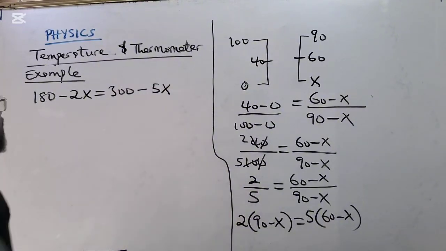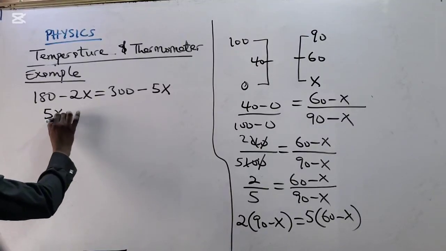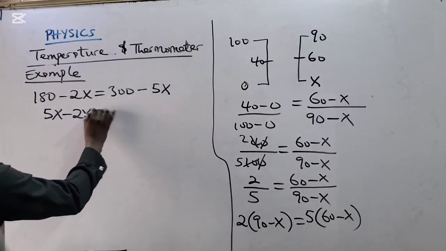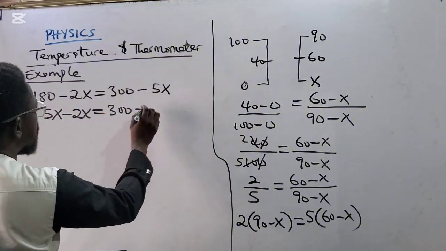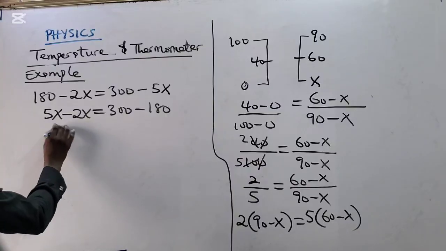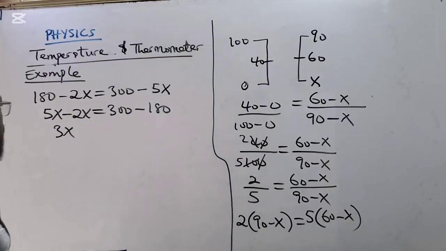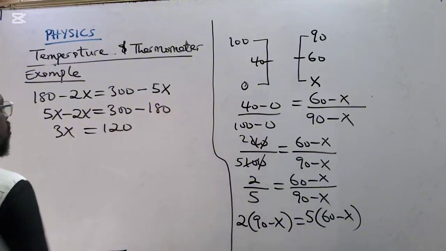If we collect like terms, I'll transfer 5x this way, it becomes plus, then the minus 2x here. We have 300, then 180 going across becomes minus 180. We subtract this one; this gives 3x. Then when we subtract this, you get 120.